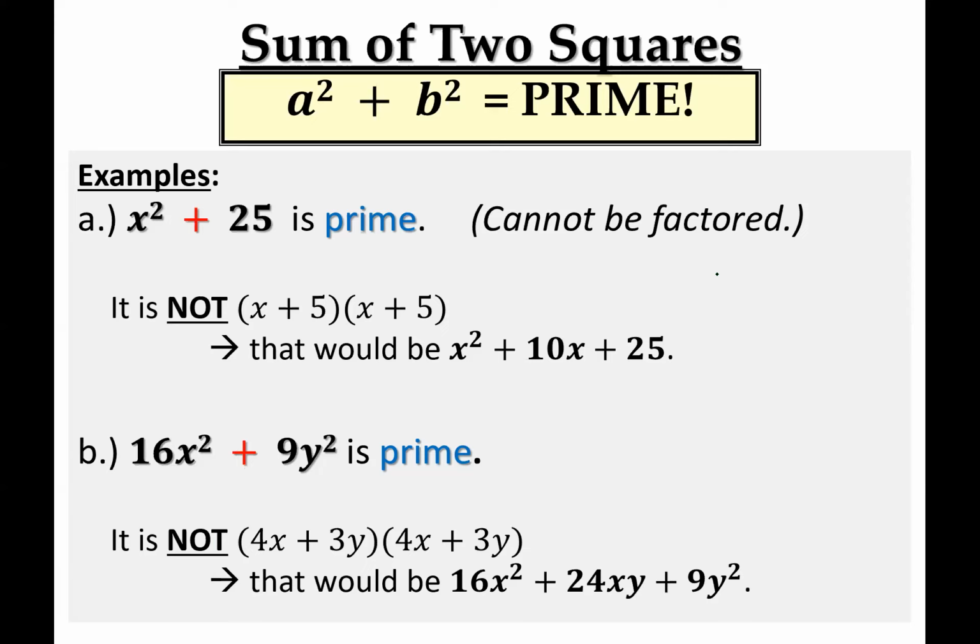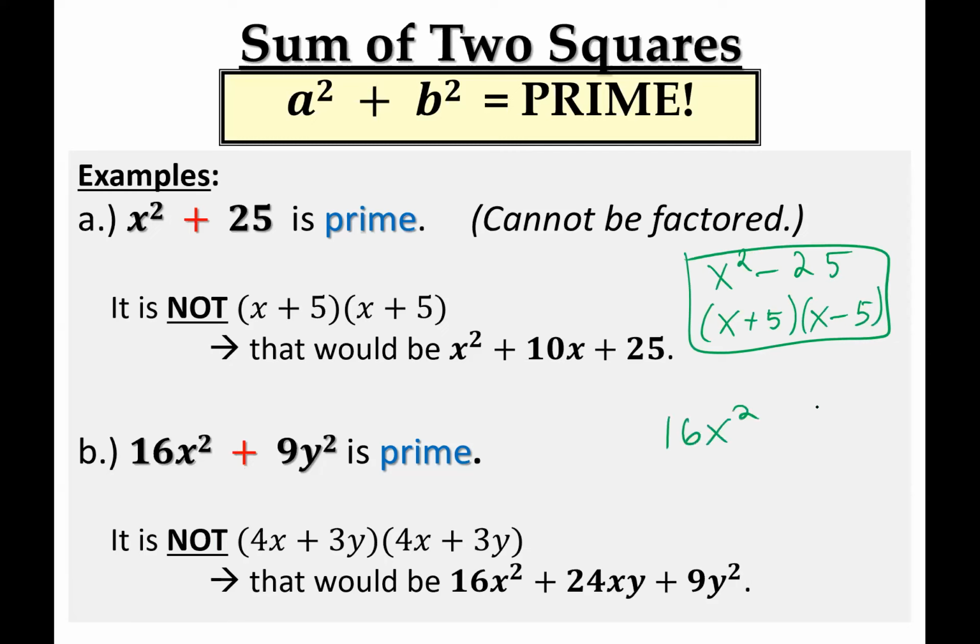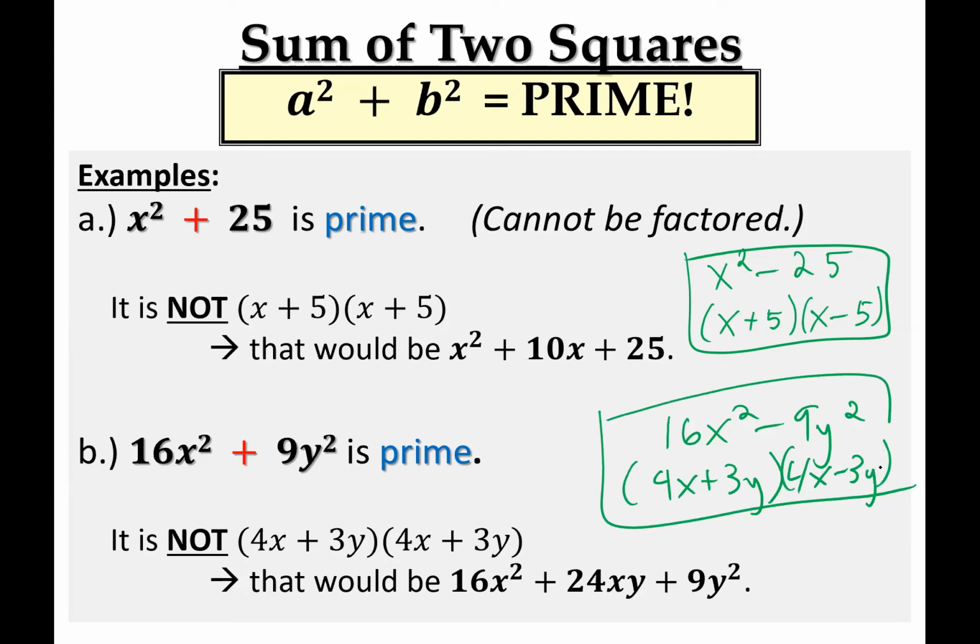If it was x squared minus 25, then you could do x plus 5, x minus 5. Then the difference of squares pattern would apply. Same thing with the 16x squared. If you had 16x squared minus 9y squared, that would be 4x plus 3y, and then 4x minus 3y. But that's not what's being shown to you.